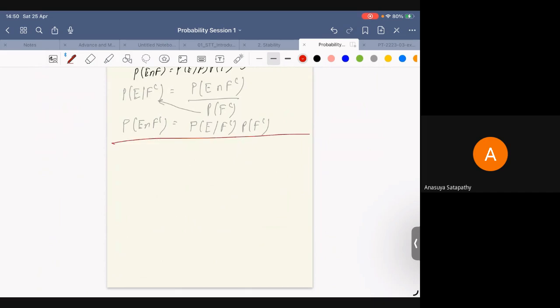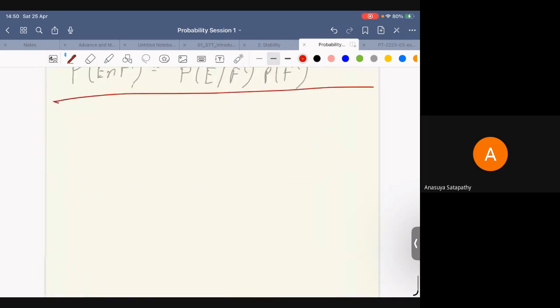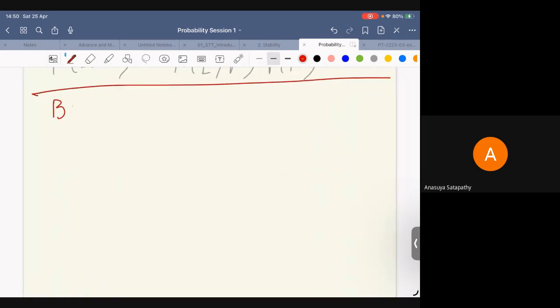Okay, let's go to Bayes rule. What does the Bayes rule tell me? Can anybody tell what is Bayes rule? For example, what is the probability of getting a red ball given that the first draw is a black ball?